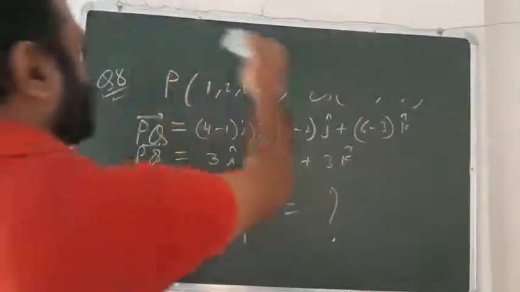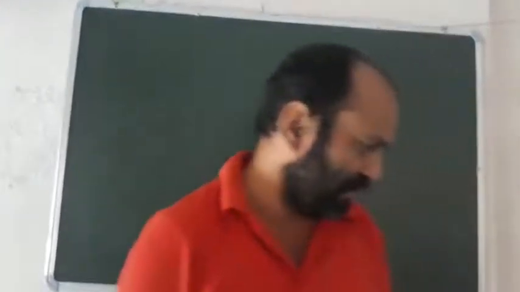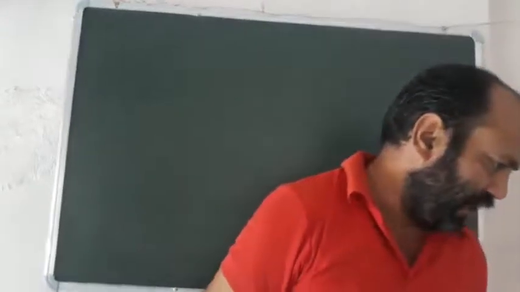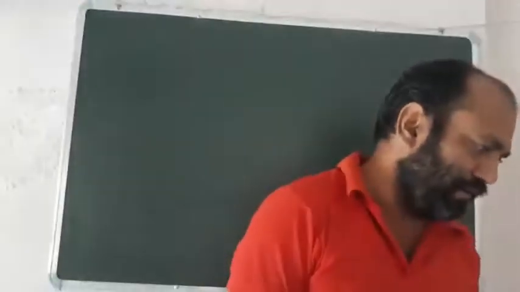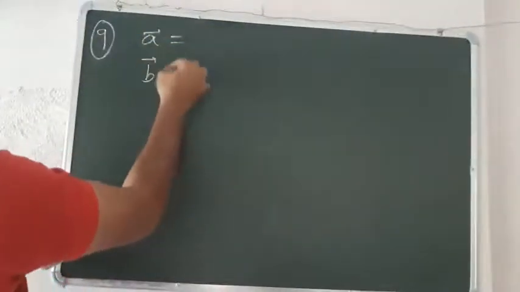Now let us take question number 9 here. Question number 9 for this exercise is, for given vectors a vector and b vector, find the unit vector in the direction of a plus b. A vector is given to you and b vector is also given to you.